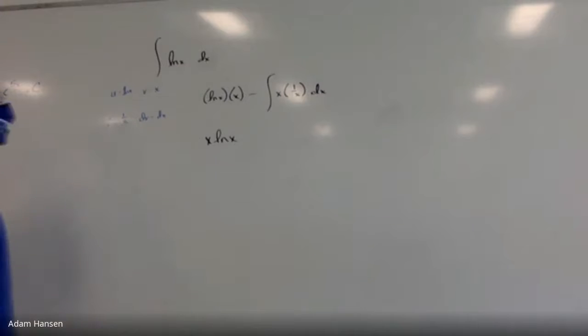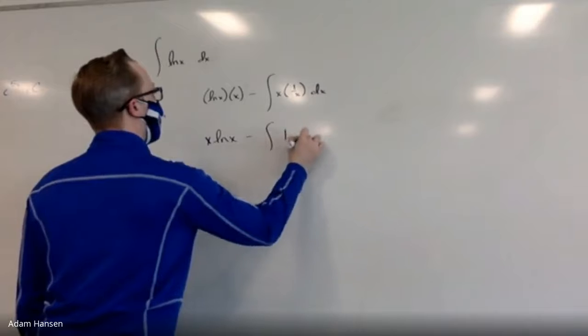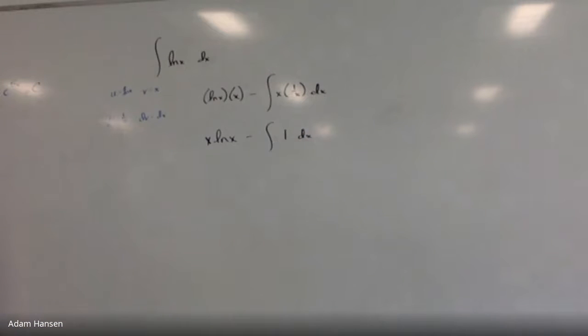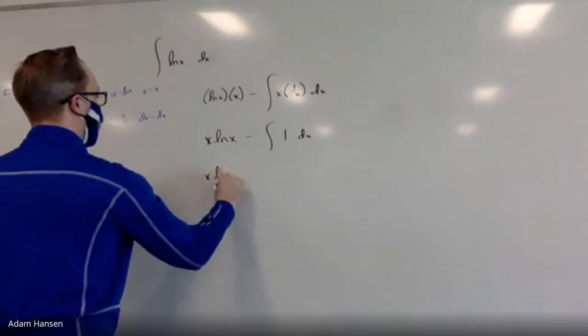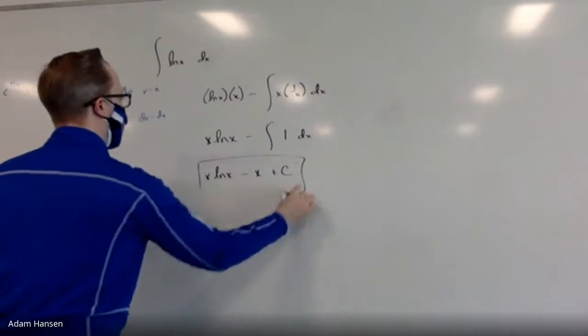X times 1 over x would just be 1. What's the antiderivative of 1? x. There you go.